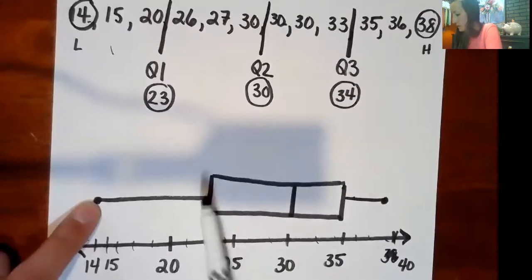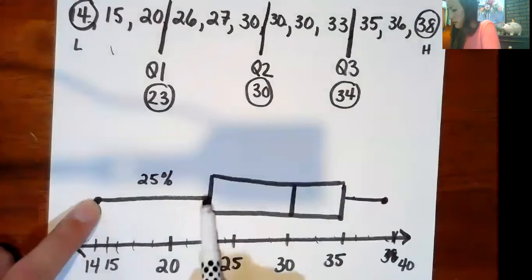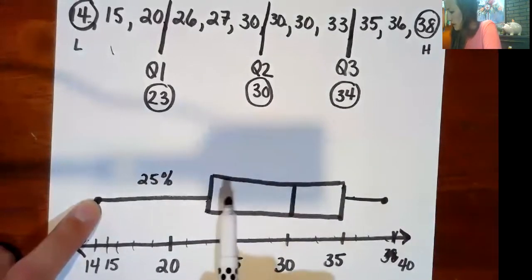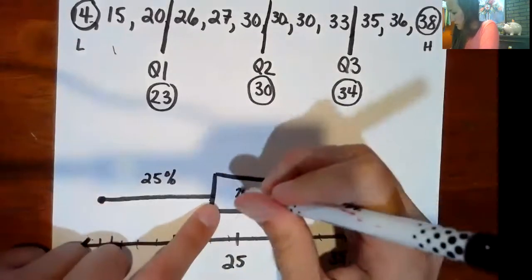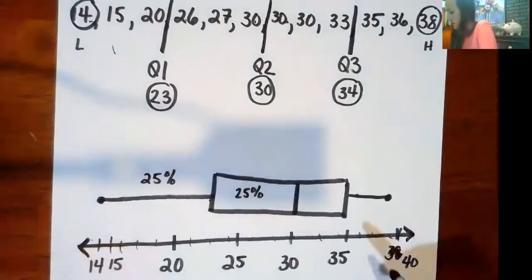So in this whisker, we would find 25% of our data. So 25% of the spider monkeys are in between 14 years old and 23 years old. Okay, this part of the box right here, just this part, is another 25% of our data.